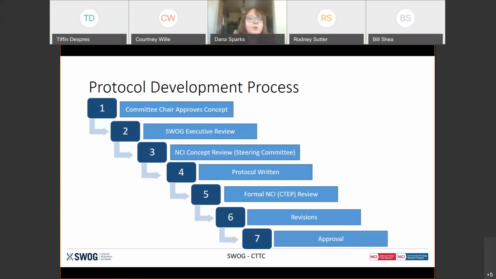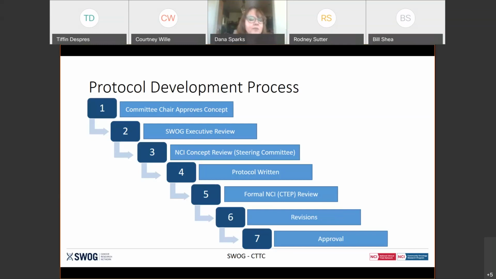The committee chair is a person who's really important in this process, in that they are a person who's at the top of their field and who has the responsibility for understanding what other research is being done in the United States, whether it's commercial research or grant-funded research, and how any new proposal that may come up within SWOG could fit into the research that's already been done, and making sure that we're answering questions that are important and relevant and are not being answered by another trial. So the committee chair is a critical person in determining whether a new concept can move forward.